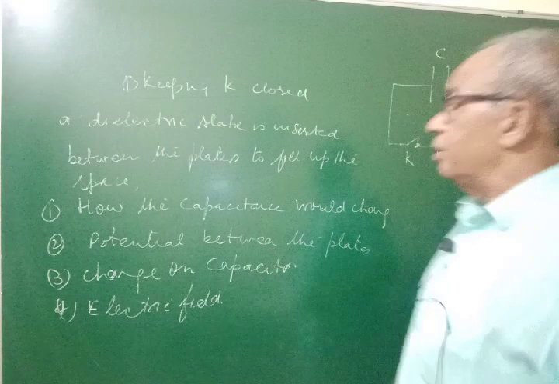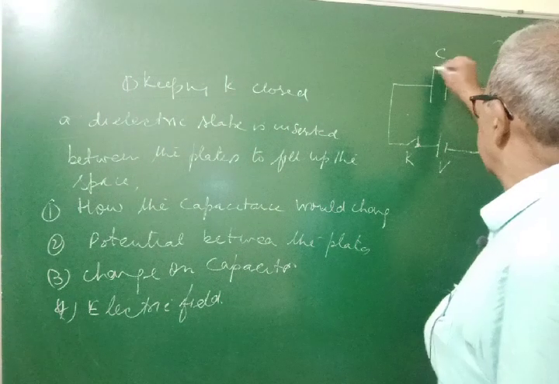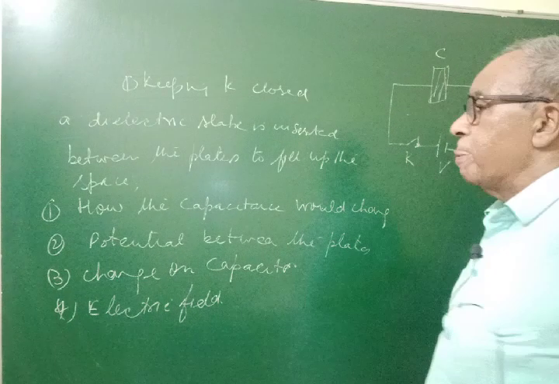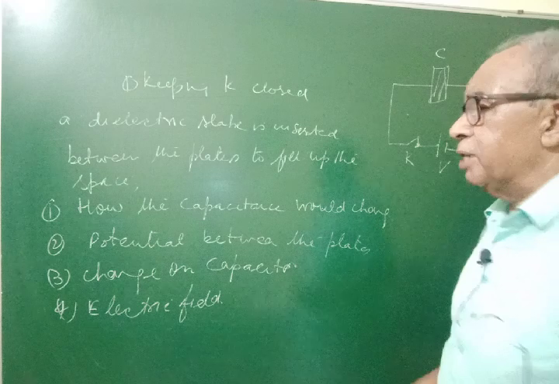Keeping the key closed, we insert the slab here to fill up the gap. How would all these changes take place?